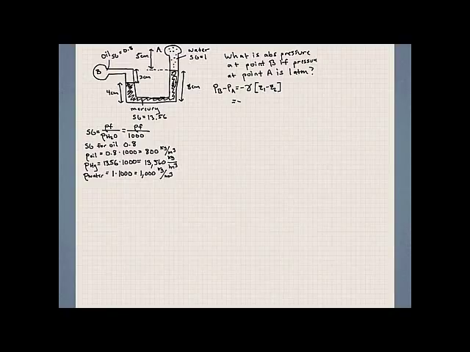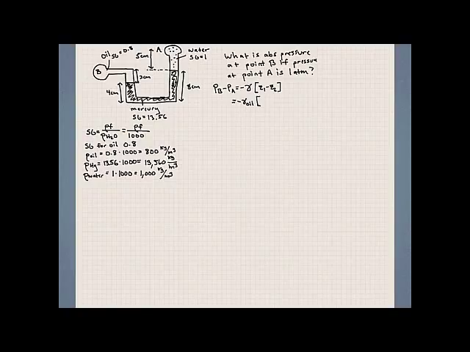So the first fluid, as we traverse from the left, remember we're starting at point B, or pressure B, since I wrote that first in the equation. So this would be the gamma of the oil times the change in height between where we started, which is at the center of point B, to where we end, which is going to be at the interface of the oil and the mercury.